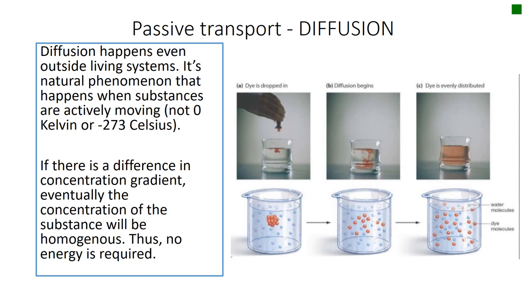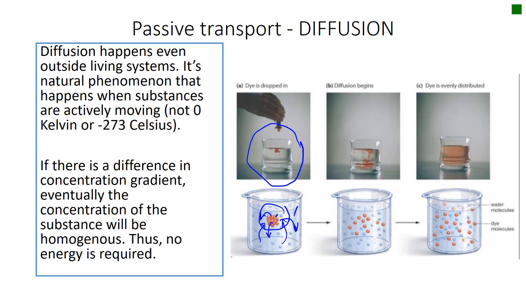You can see from this illustration, someone put a drop of food coloring, and because the molecules of the food coloring and also the molecules of water are moving, they are actually interacting, bumping with each other, exchanging space, and so on.